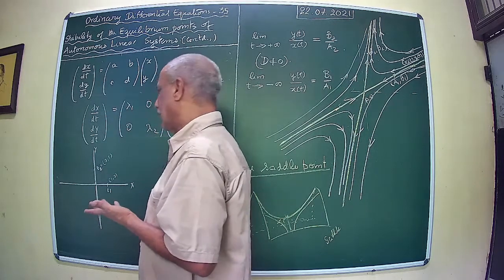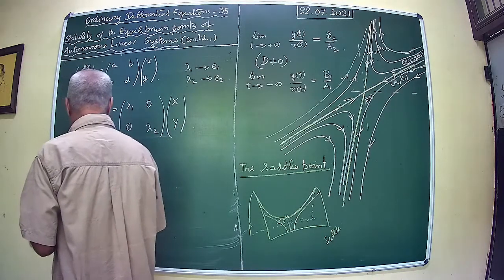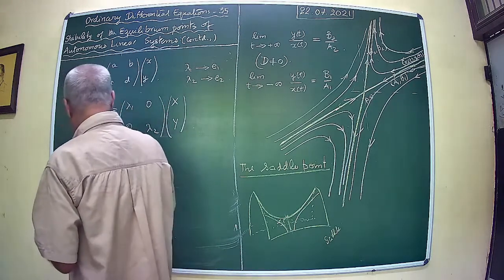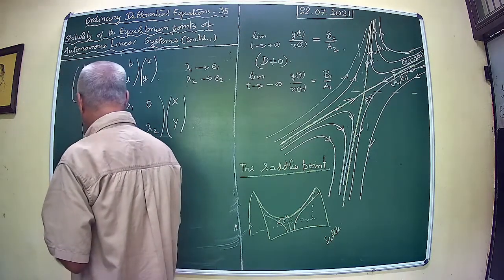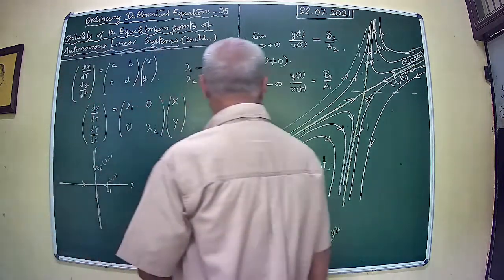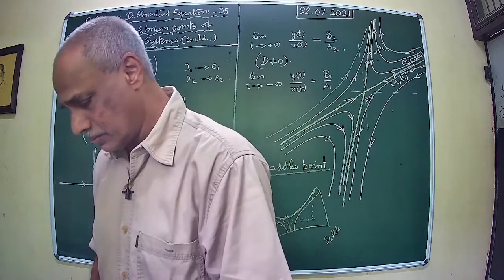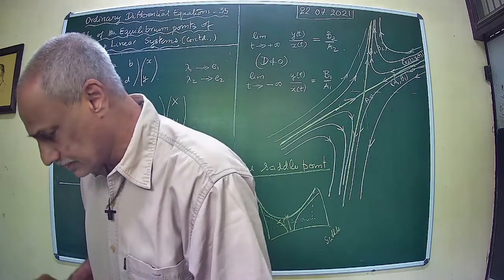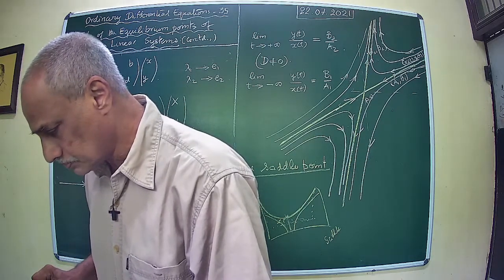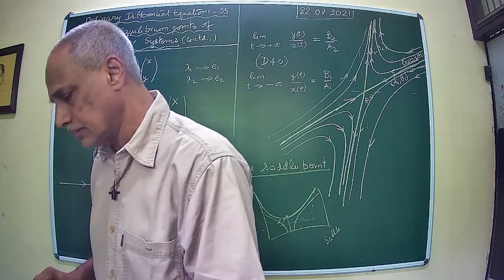You see, when both lambda 1 and lambda 2 were negative, these were always like this, and all paths had been in this way. See, all characteristics enter along, I think what was the direction in which it enters? It is along lambda 2 or lambda 1. So let me check. D by C is 0, 1.